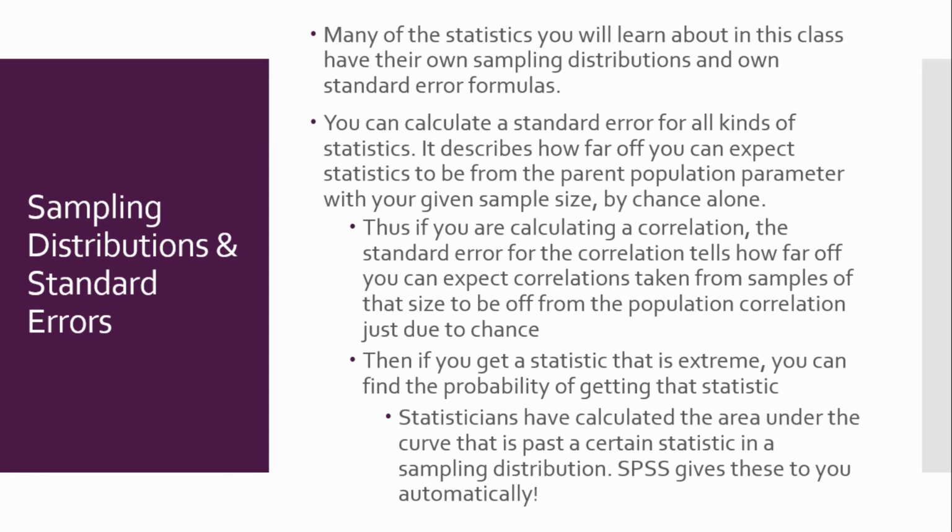So if you know how far off sample statistics will be from the population statistic by chance alone and on average, then you can see if the particular statistic that you calculate is probably not due to chance, okay? All right, so I'm going to stop there.